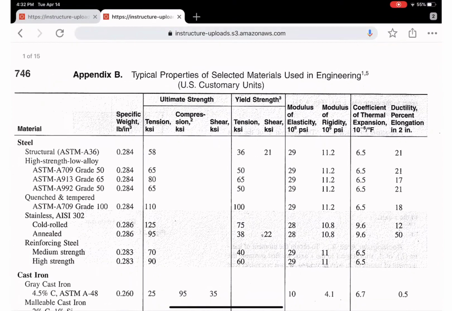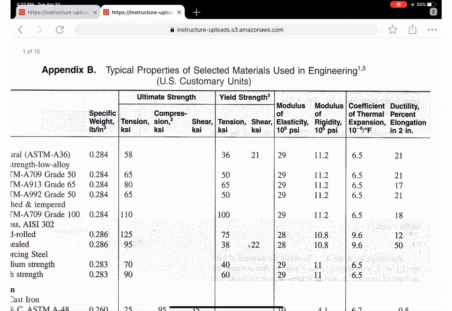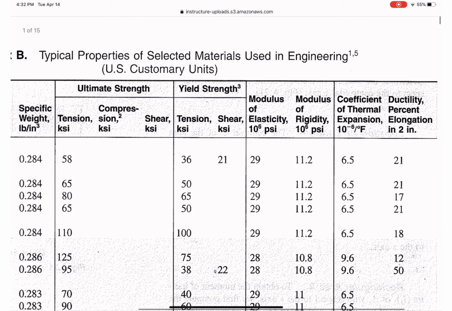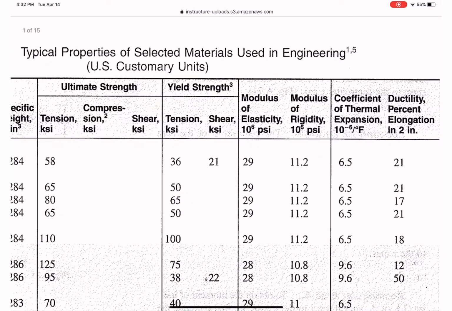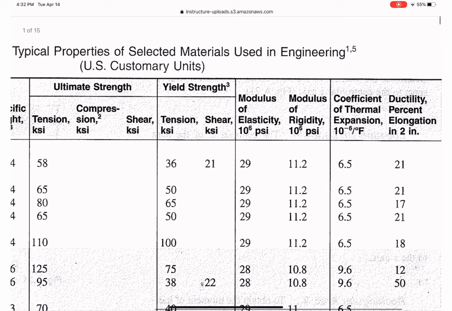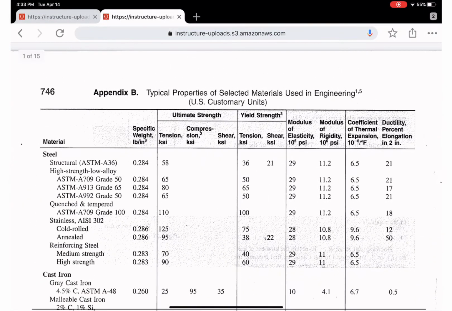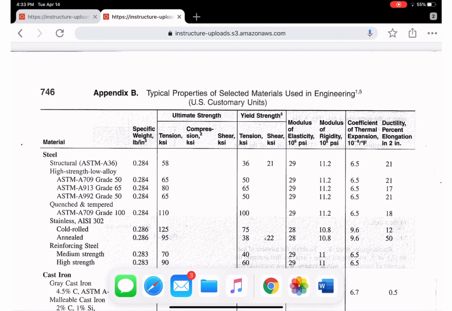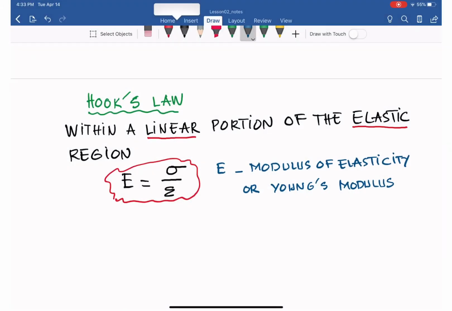For example, for ASTM A36 steel, we have 29 times 10 to the power 6 psi for the modulus of elasticity. We will also talk about the modulus of rigidity in a few minutes, and also thermal expansion next week. So if you want to refer to that, it will be appendix B in your textbook. Let's go back to the lesson.